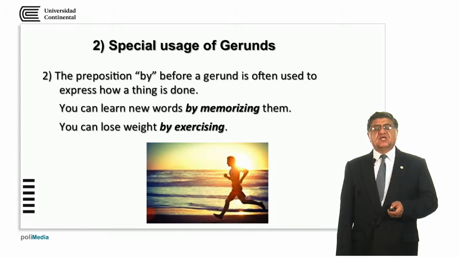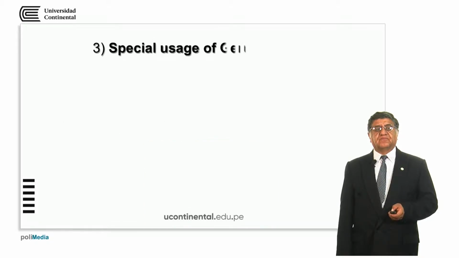By memorizing is the action of memorize, to learn words in this case. You can lose weight by exercising. Okay? The verb is exercise, the noun is exercising, and by exercising expresses the idea of how using this action will give a result, that in this case is lose weight.